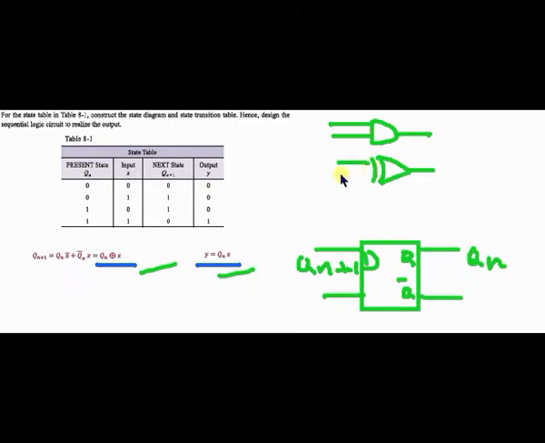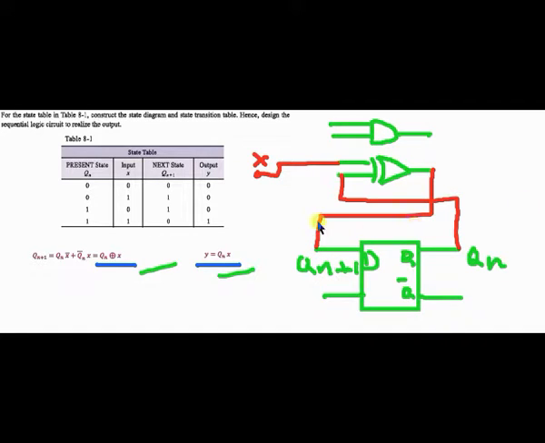The two inputs are Qn XOR X. So Qn will connect, and XOR X. This is our X input. The output will be Qn plus 1.